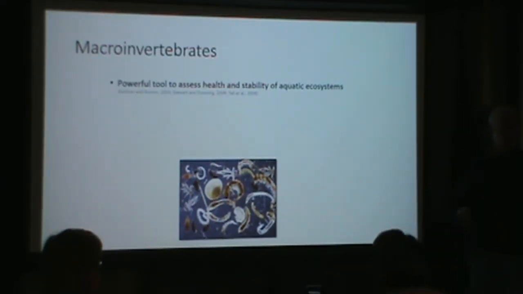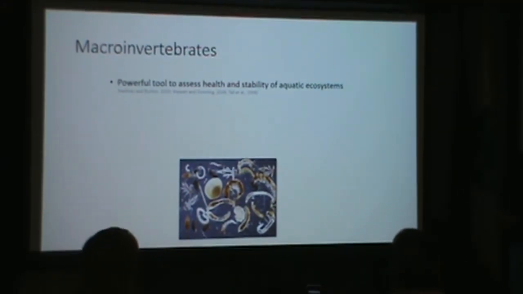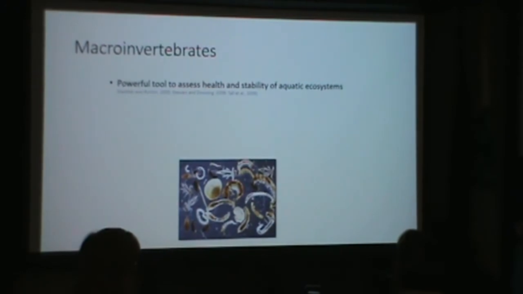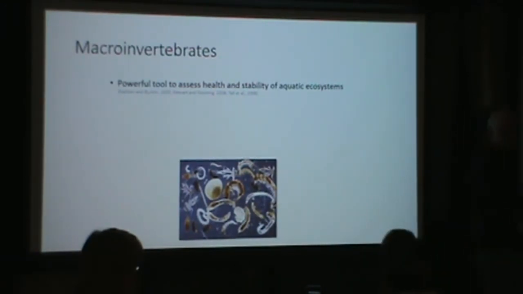And then we compared the macroinvertebrate community, a community that lives in the water. They are called macro because we can see them with the naked eye, things like this, or not more than this. Still small invertebrates, but you don't need a microscope to see them.